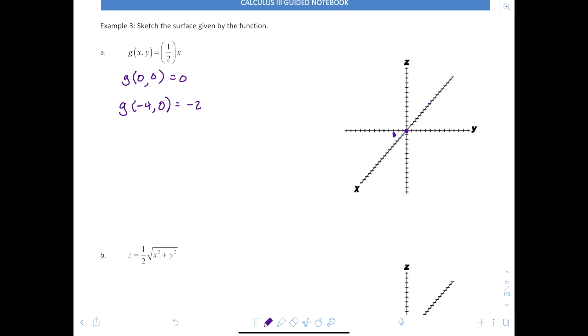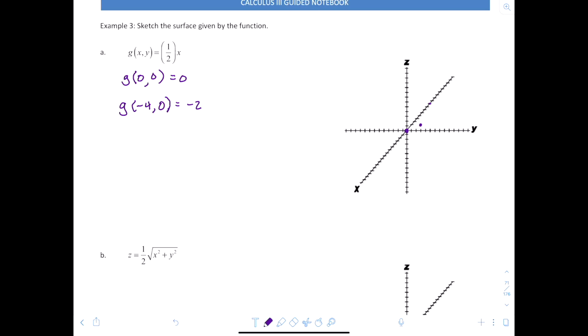And then let's take a look at, see, it'd be at about here or so.